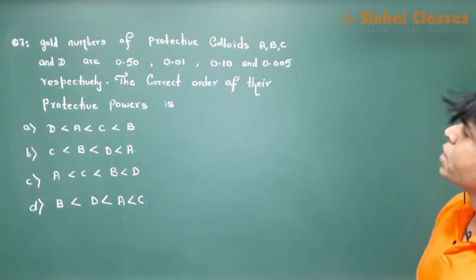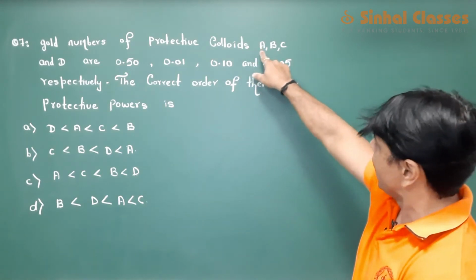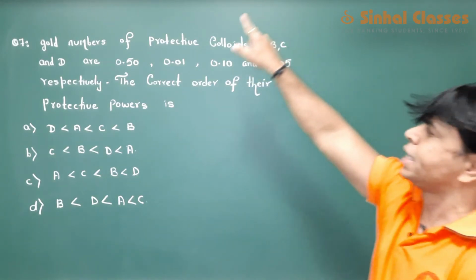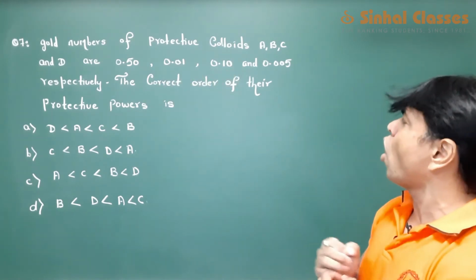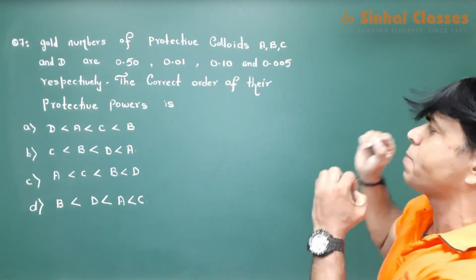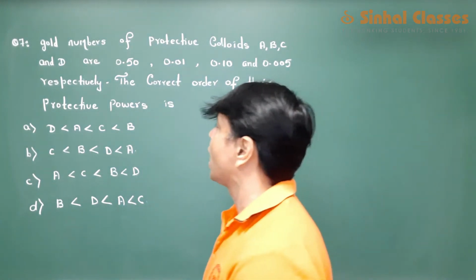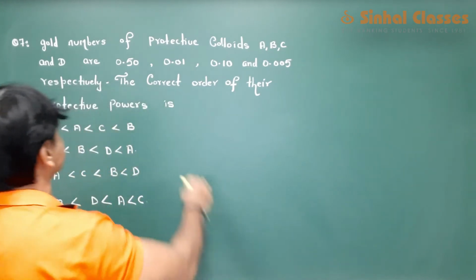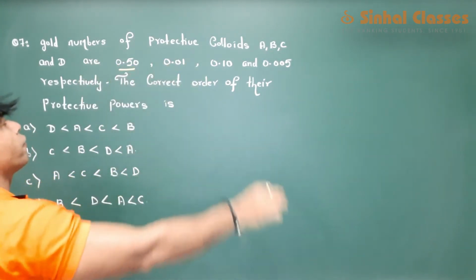The gold numbers of protective colloids A, B, C and D are given to us. The correct order of their protective powers is. Now you are supplied with the gold numbers.